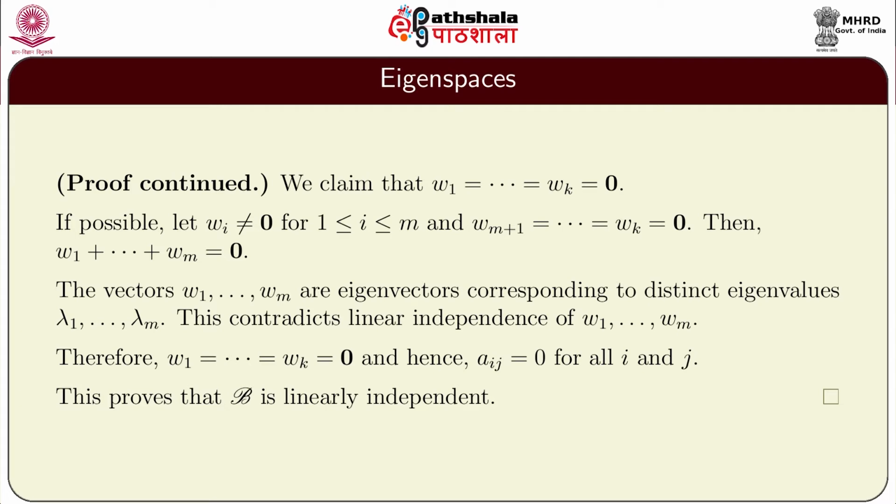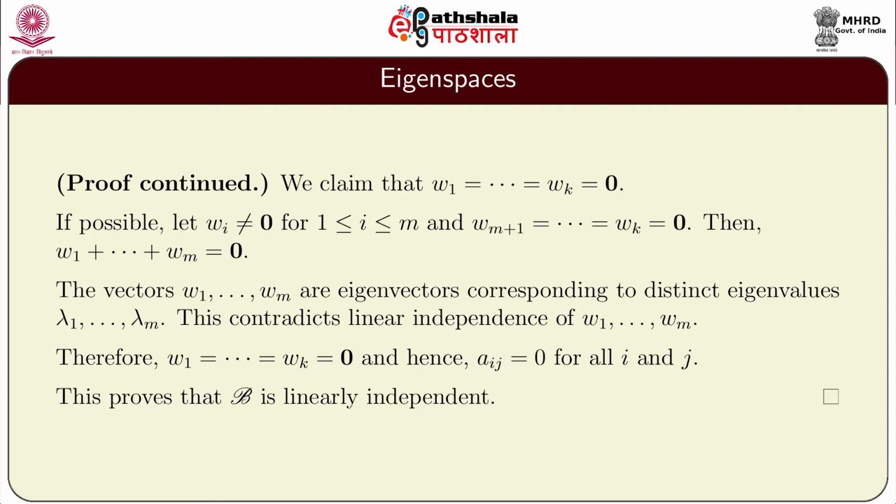And what are W1 and so on up to Wm? They are eigenvectors corresponding to distinct eigenvalues lambda 1, lambda 2 etc. up to lambda m. Why? Because these Wi's are vectors in the eigenspaces. But then we have a non-trivial linear combination of these vectors W1 etc. up to Wm, which definitely contradicts linear independence of W1 and so on up to Wm.